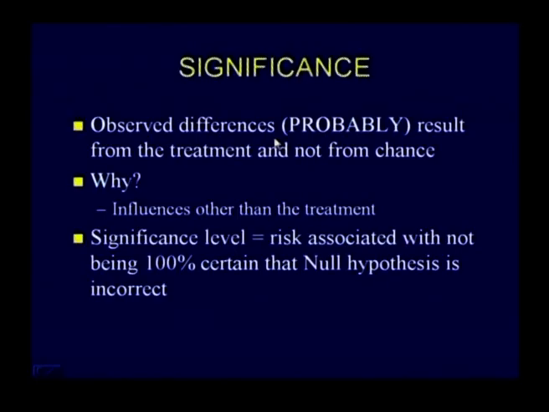So in that type of situation, you need to tell the readers what is the significance of your research findings. And once again, what is significance? Significance is the probability that observed differences resulted from treatment and not from chance. Significance level is usually associated with risk, that you are not 100% certain that the null hypothesis is incorrect. So that risk assessment is very important.